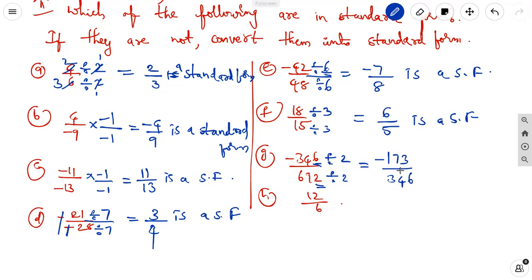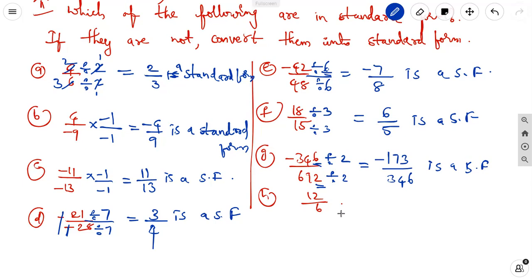Here it's 11, so it does not come in the 3 table or the 9 table. So it is a standard form. If any other number is common in 173 and 248, we check. Okay.